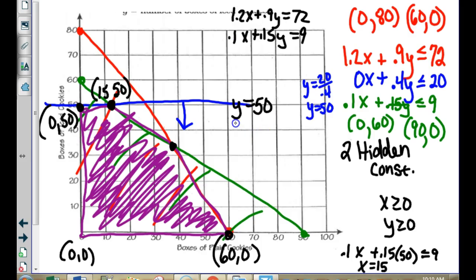Anybody got time to type that in? It's a 2 by 3. Matrix, edit, 2 by 3. 1.2, 0.9, 72. 0.1, 0.15, and 9. And then I'm going to go RREF, which is under math. And the name I put it in was A.